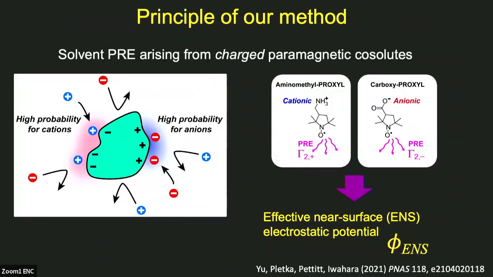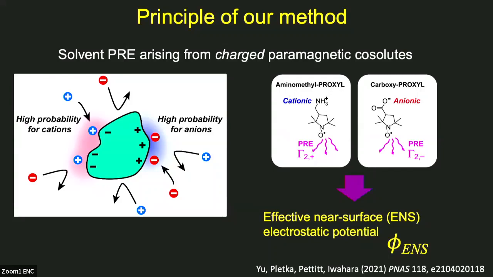The method I'm going to introduce depends on solvent PRE arising from charged paramagnetic co-solutes shown here. These are nitroxides with charged moieties. And if you put either one of them in your protein solution, the spatial distribution of these co-solute molecules is biased by electrostatic potentials.